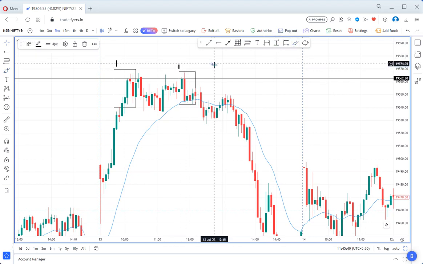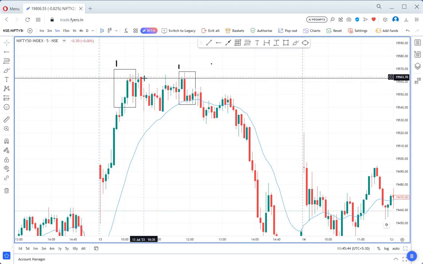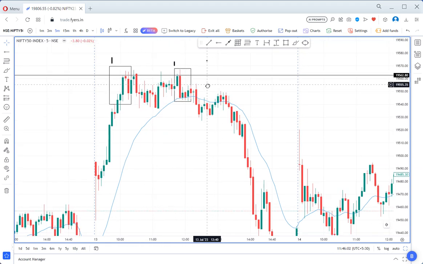This is another point to be noticed here. This movement causes this result. What I want to say is that if a bear bar closes below the prior bar, that means sellers are dominant.